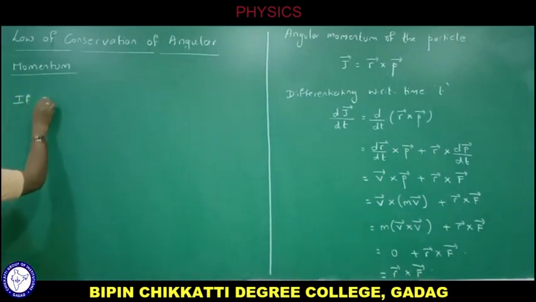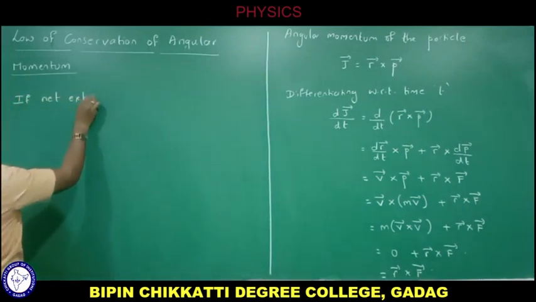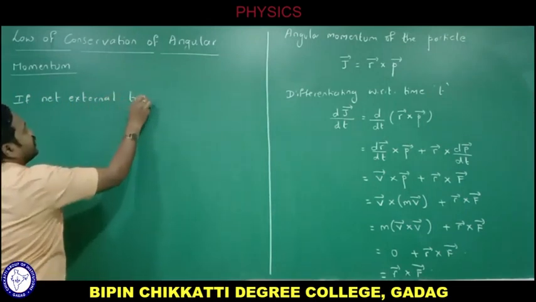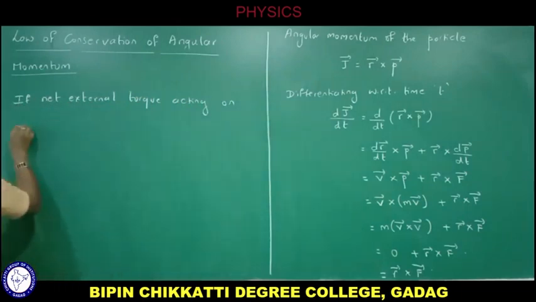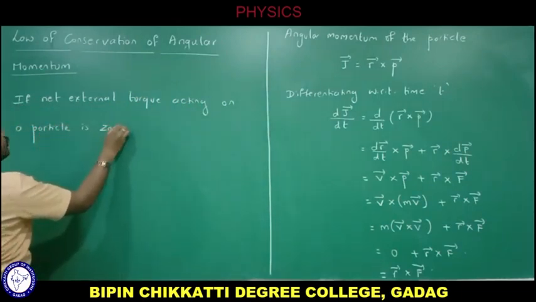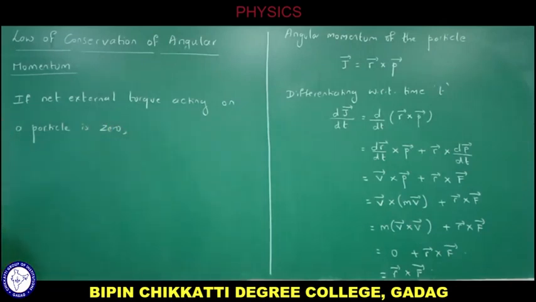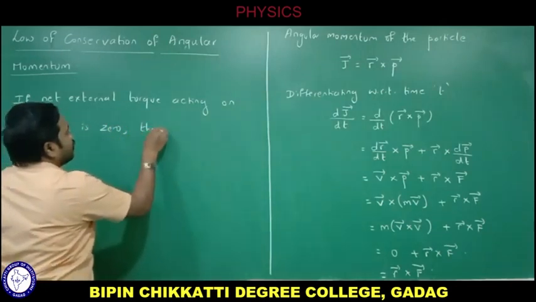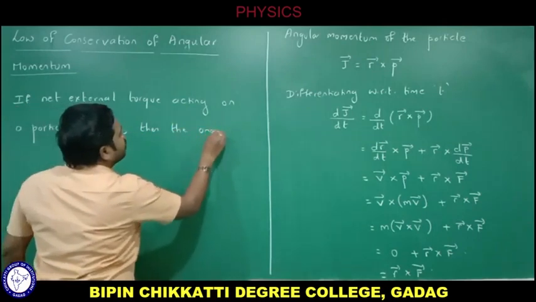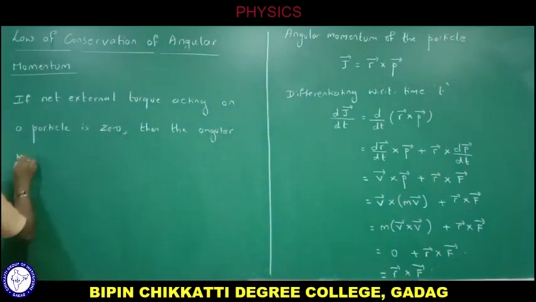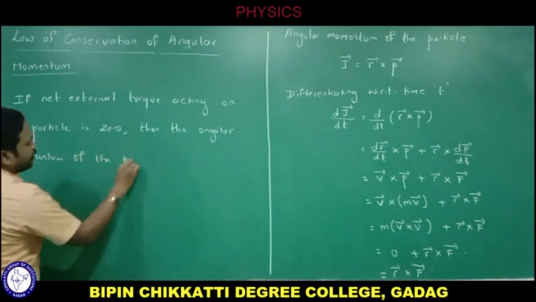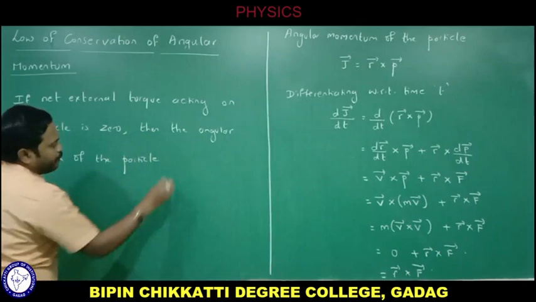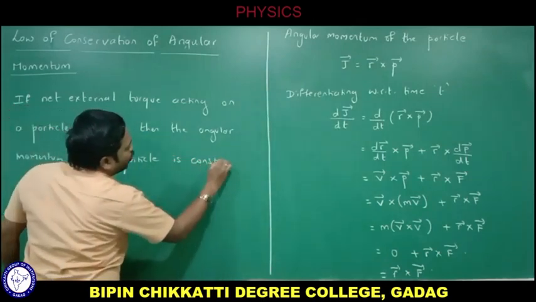If net external torque acting on a particle is 0, then the angular momentum of the particle is constant.